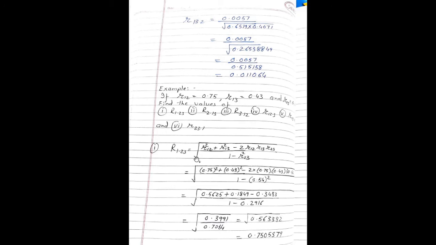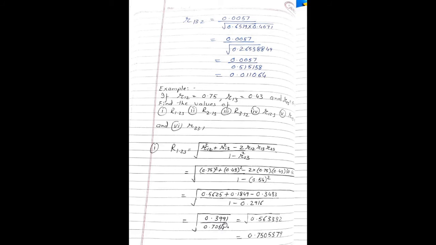The formula is given by square root of r square 12 plus r square 13 minus 2 into r12 into r13 into r23 divided by 1 minus r square 23, which is equal to square root of 0.75 square plus 0.43 square minus 2 into 0.75 into 0.43 into 0.56 divided by 1 minus 0.56 square, which is equal to square root of 0.5625 plus 0.1849 minus 0.3483 divided by 1 minus 0.2916, which can be written as square root of 0.3991 divided by 0.7184.